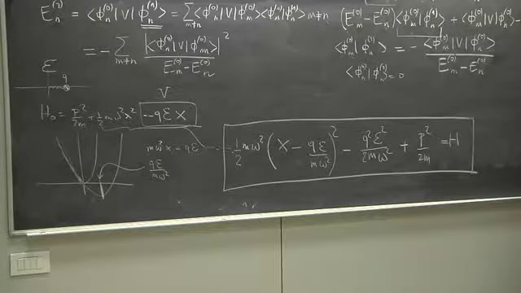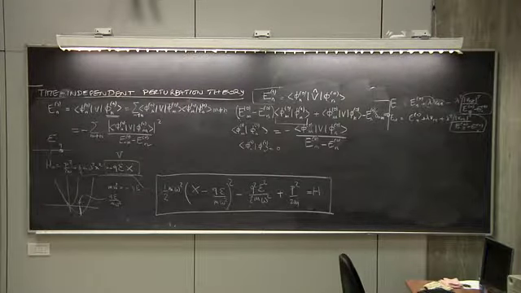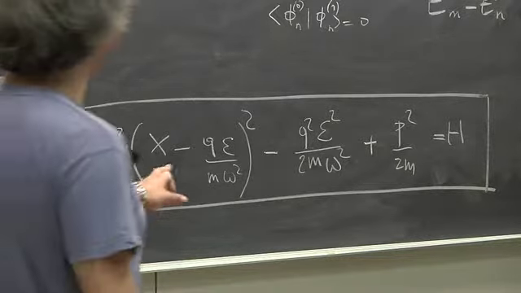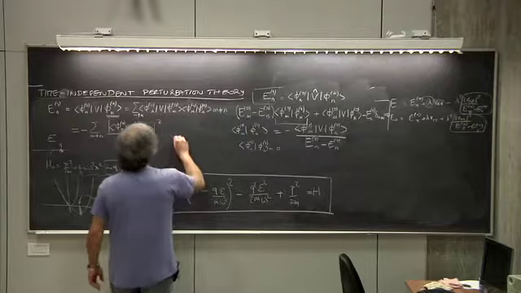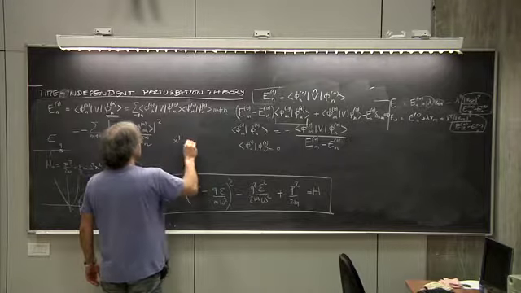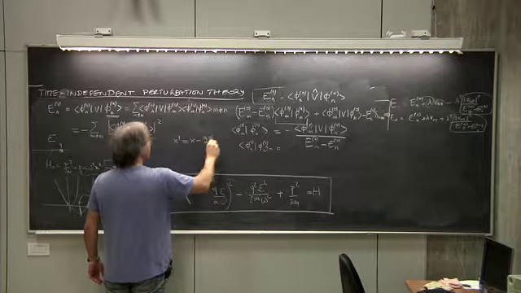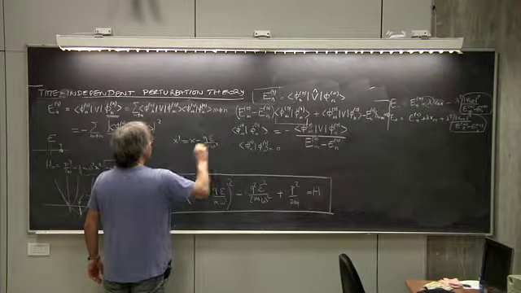Now, why is this problem exactly solvable? Because it's just a translation, and then we add something which is just a number. Just a number, right? So suppose that I work with the new variables. The new variable will be x prime equal to x minus q over m omega square.